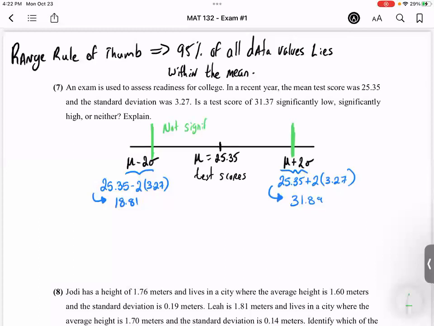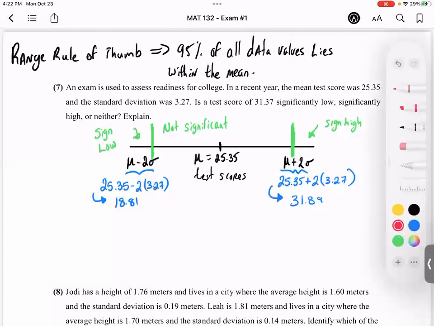When I say anything, I'm talking about, in particular to this problem, the test scores. If you have a value or a test score that's below the lower bound of 18.81, that's called significantly low. And above the upper bound is called significantly high.